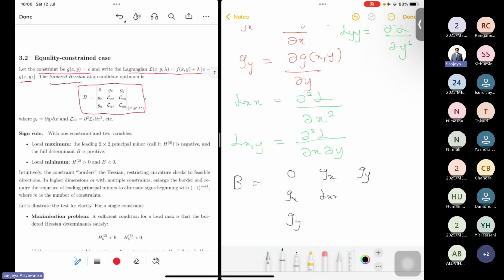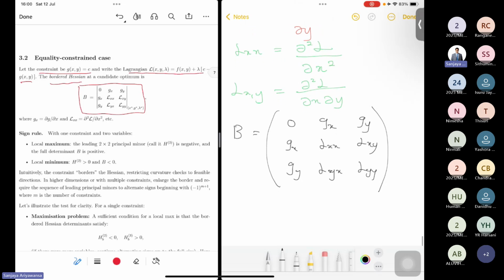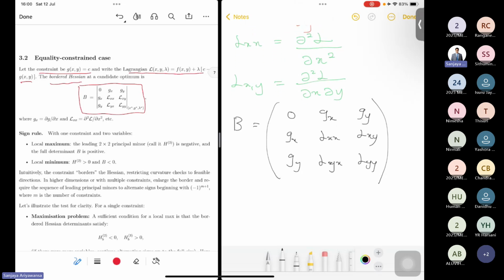And then you have your Lagrangian function partially differentiated with respect to x and y, and finally y and y. So this is your bordered Hessian matrix. From the bordered Hessian matrix, how do we identify whether the two given values x and y are a maximum or a minimum?